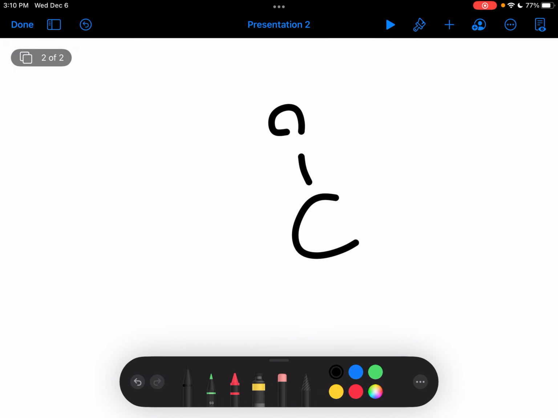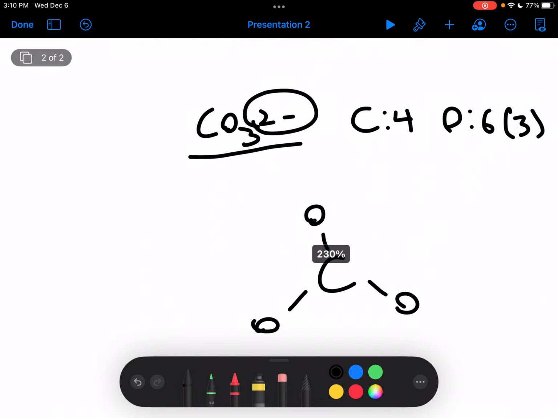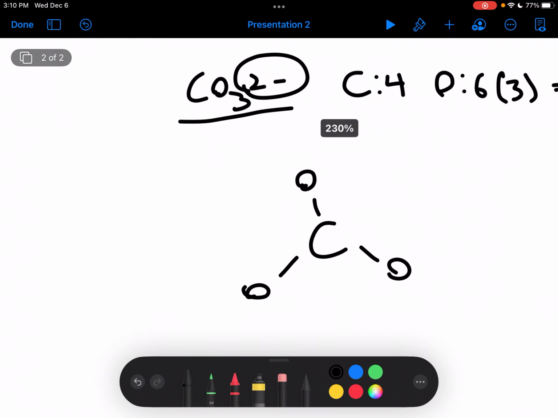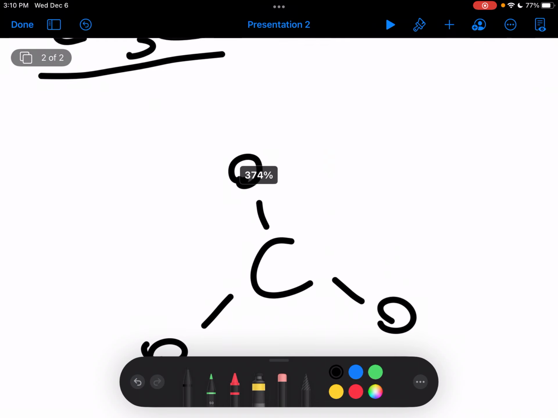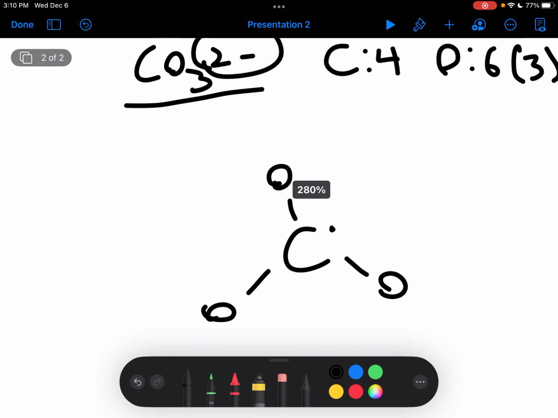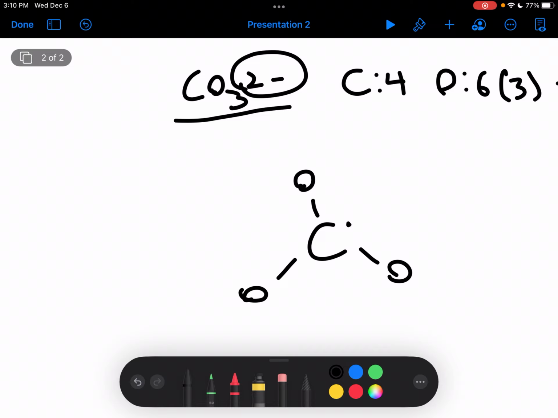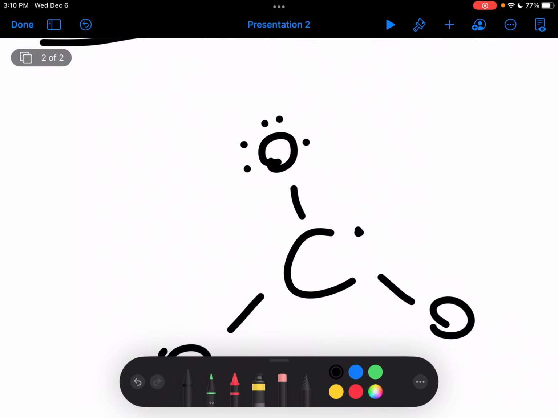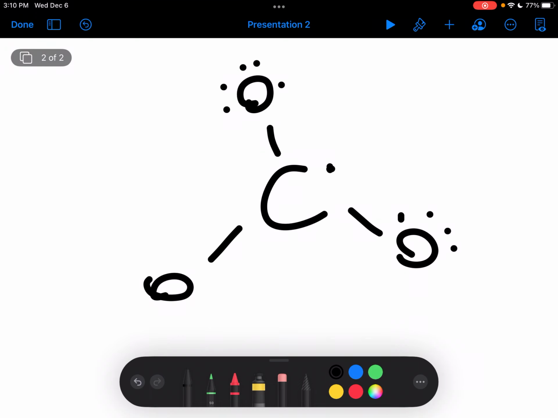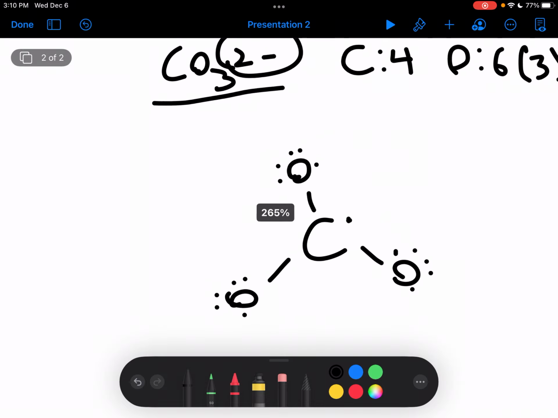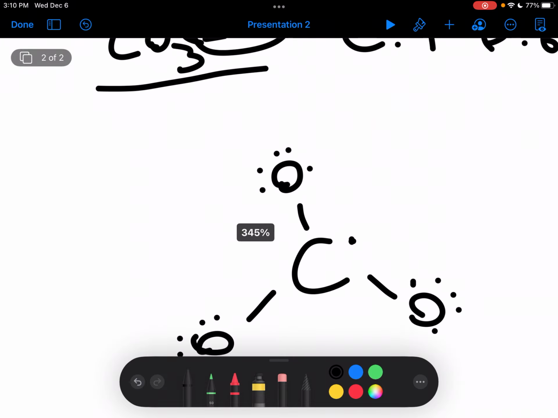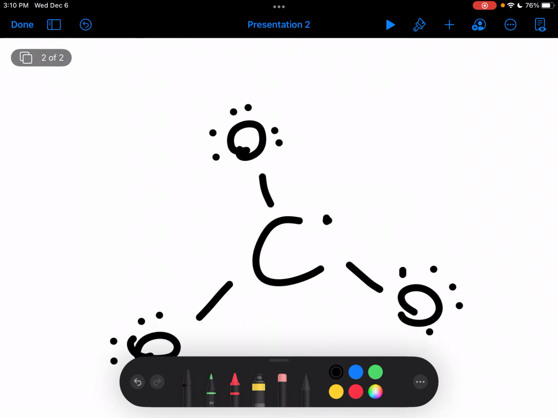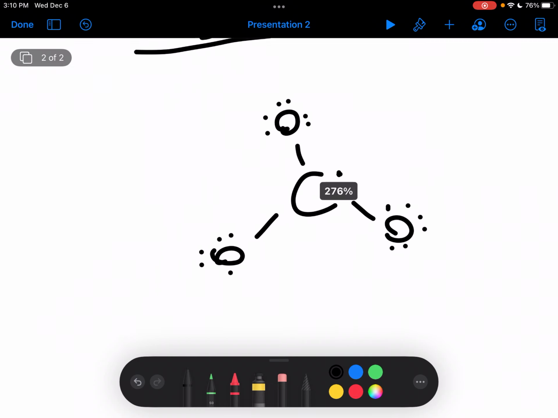But this oxygen can go right here, this oxygen can go right there, and that oxygen can go right there. But carbon in that case has 1 extra valence electron right here. Oxygen has 1, 2, 3, 4, 5. 1, 2, 3, 4, 5, and 1, 2, 3, 4, 5. But we have to take account of the 2- charge, so we must add 1 electron here and 1 electron here.